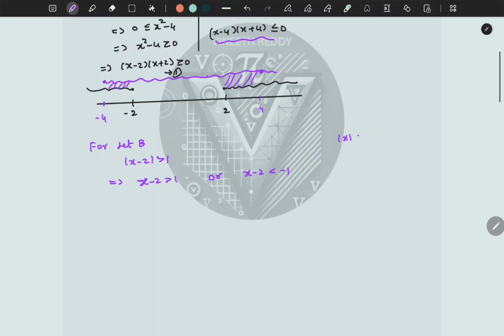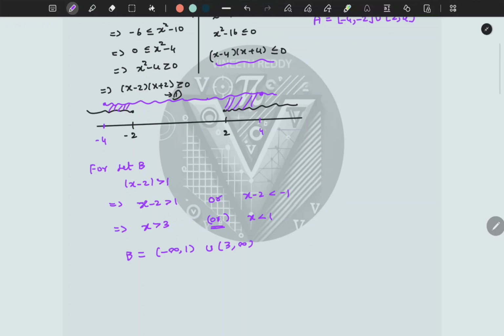You might be knowing this: if mod x is greater than a, then x is greater than a or x is less than minus a, provided a is positive. That means x is greater than 3 or x is less than 1. Whenever it is or, we will be using a union. So B belongs to minus infinity to 1 union 3 to infinity. Be careful that here there is an open bracket, there is no equal to sign.